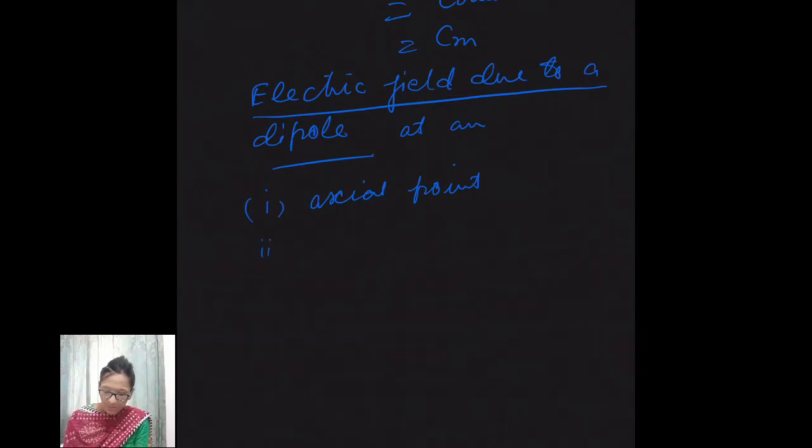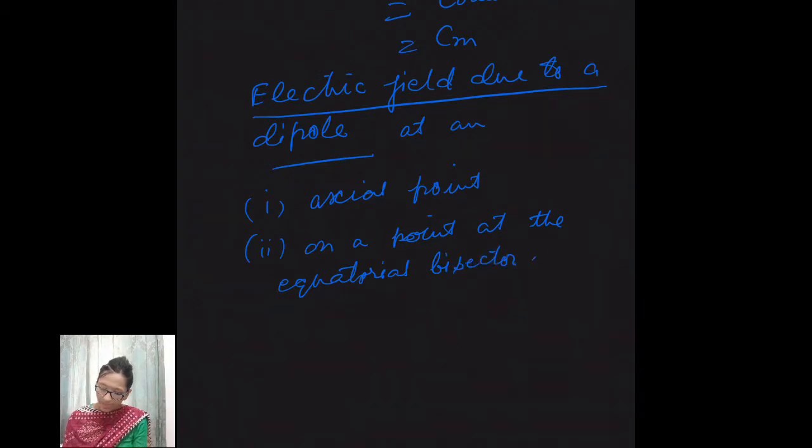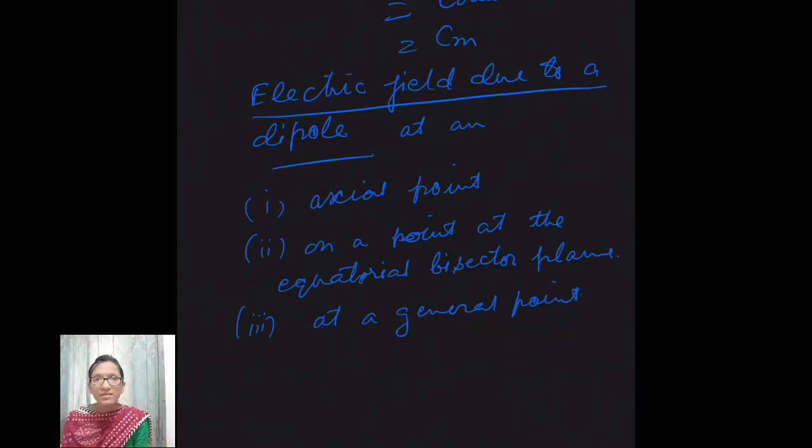Number two, at a point on the equatorial bisector plane. And then at one general point. So let us find electric field due to a dipole at these three points.